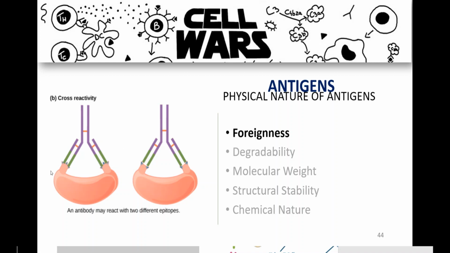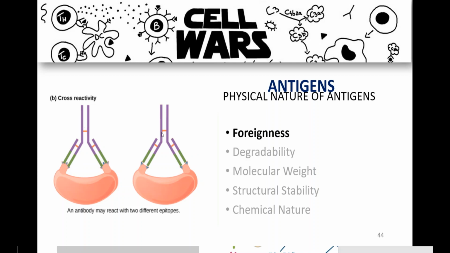Take a look at this illustration here. This antibody is directed against this antigen. This antigen looks like another antigen. The difference between them is just a little, but the antibody is still able to recognize such antigen. So we call these cross-reactive antibodies.